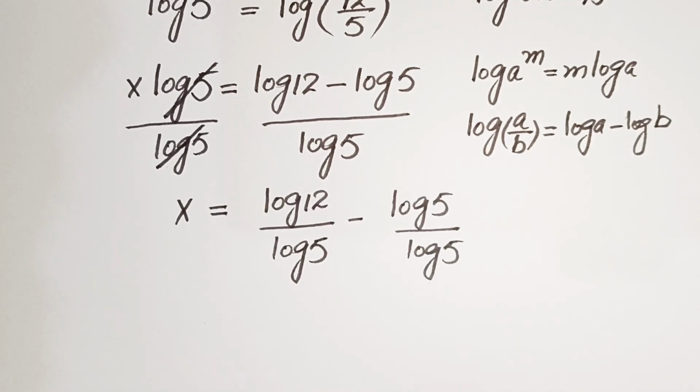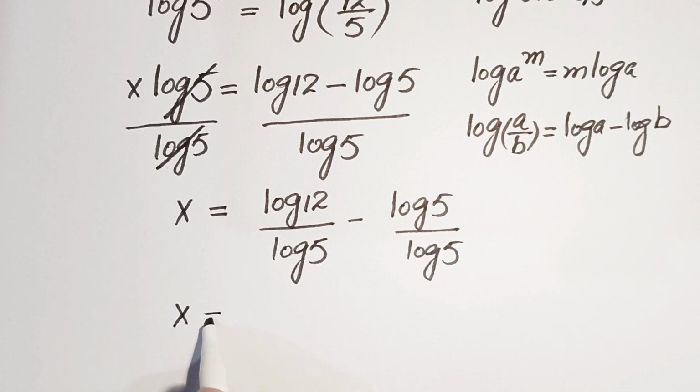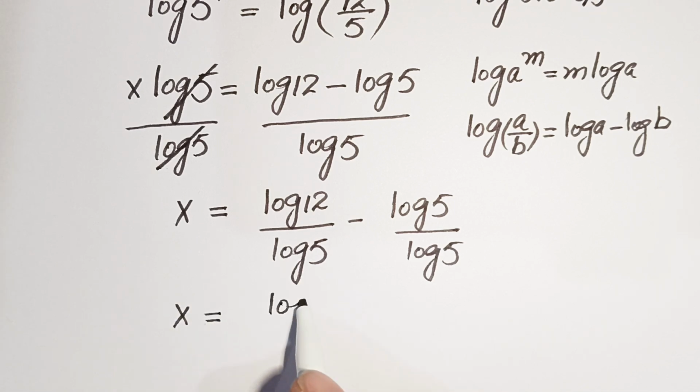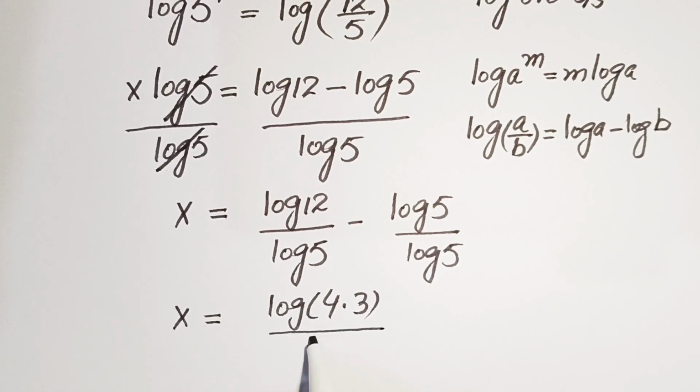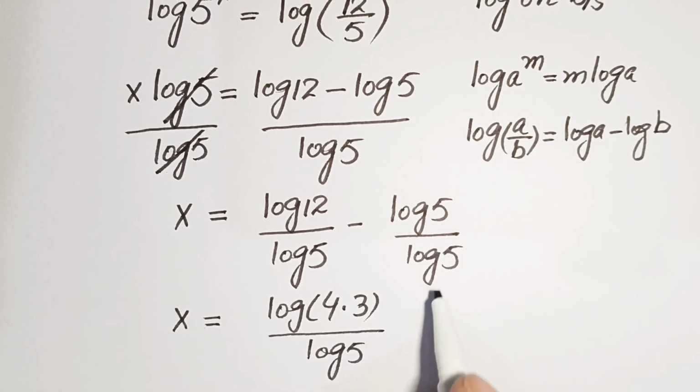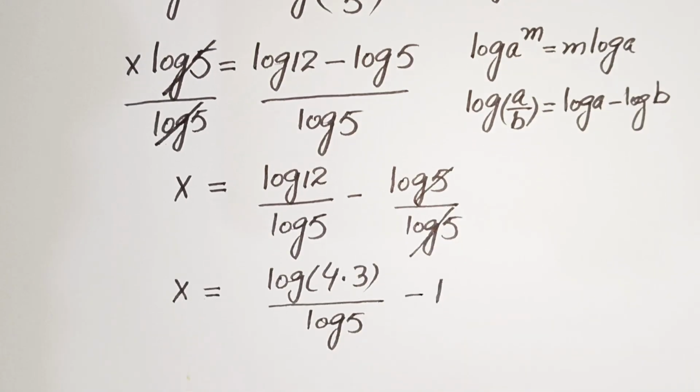So in the next step x is equal to log 12, we write 4 times 3, all over log 5, and here log 5 is cancelled out with log 5, so we get minus 1.